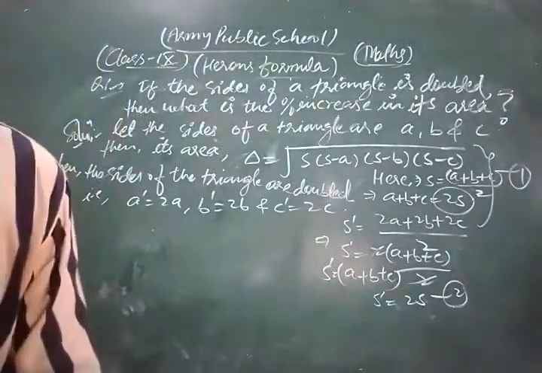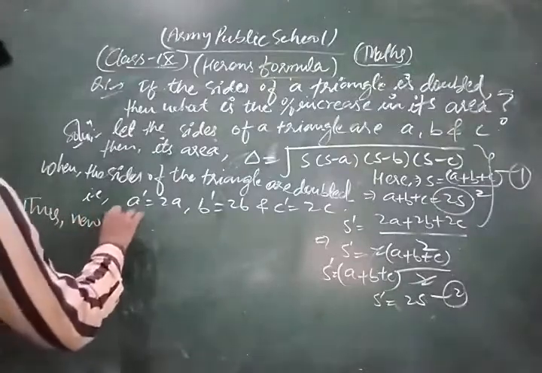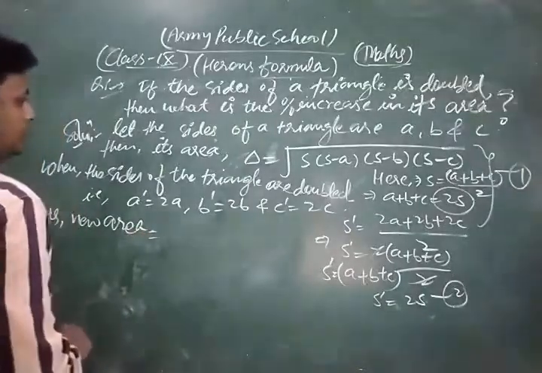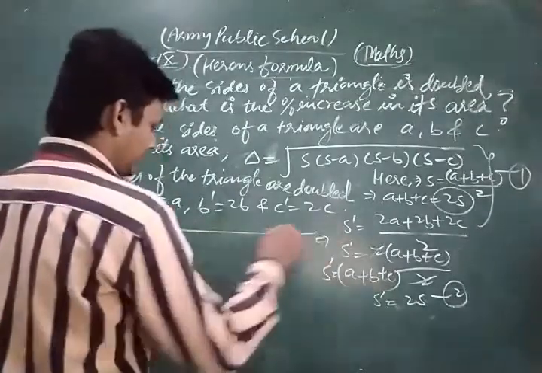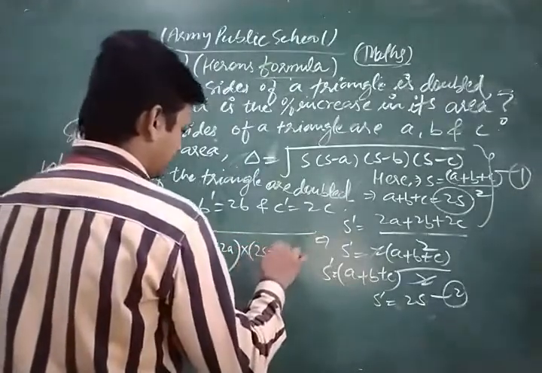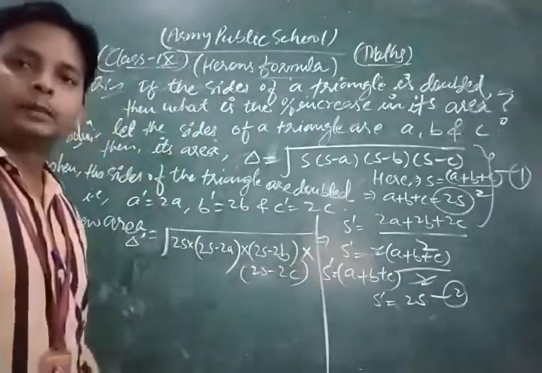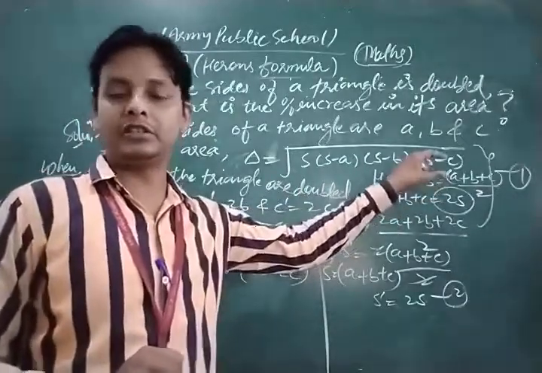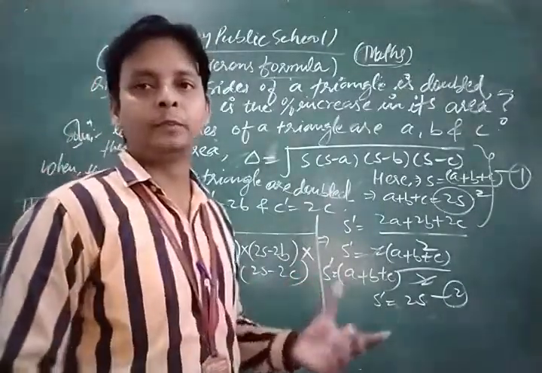Look, suppose the new area delta dash is equal to the square root of s minus a, s minus b, s minus c, with s replaced by the new values, because Heron's formula is what we use. In the initial condition we have s, but when the sides are doubled, the new sides will be 2a, 2b, 2c, and the new semi perimeter is 2s.